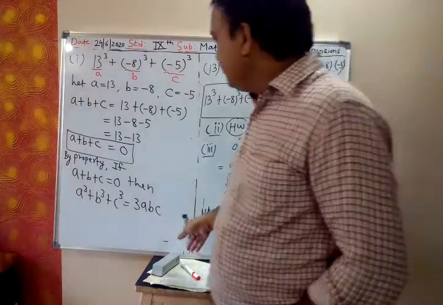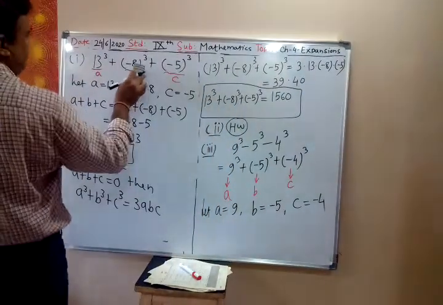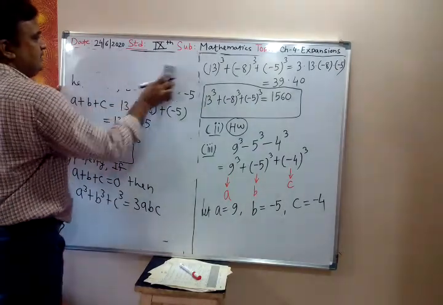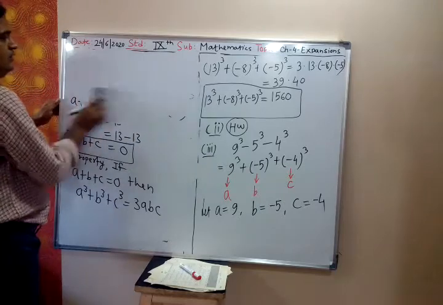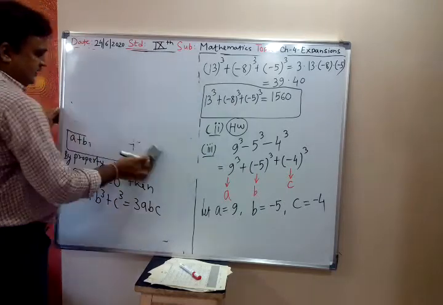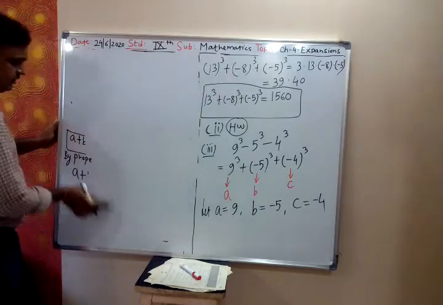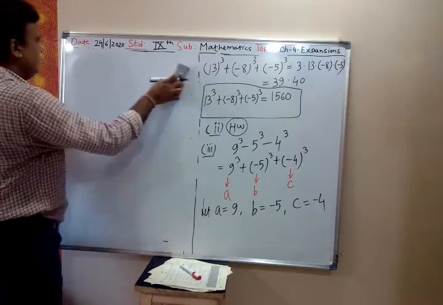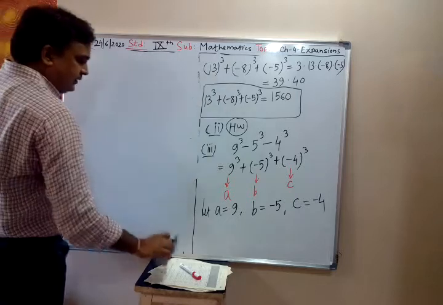Now to use this property, first I will check whether A plus B plus C is 0 or not. If A plus B plus C is 0, then only this property is applicable.